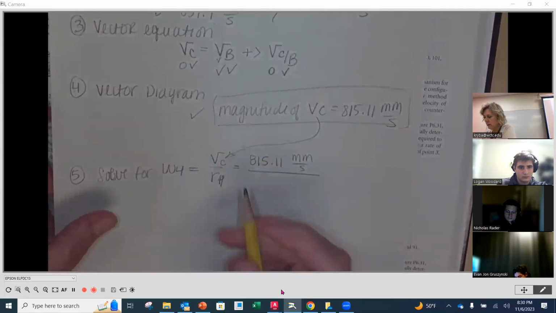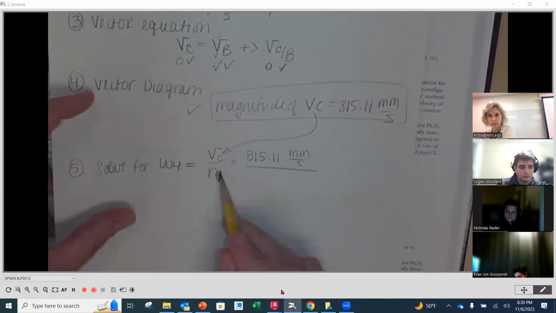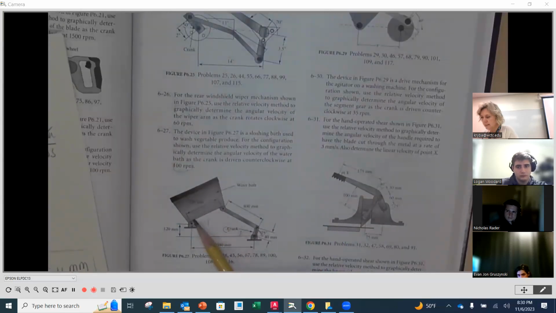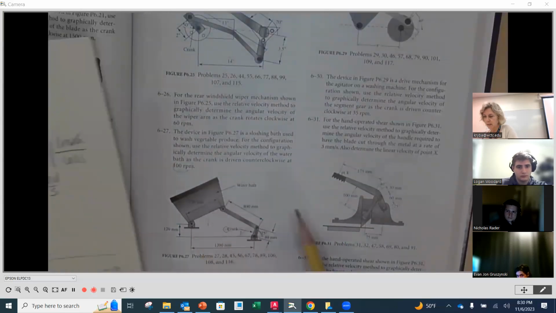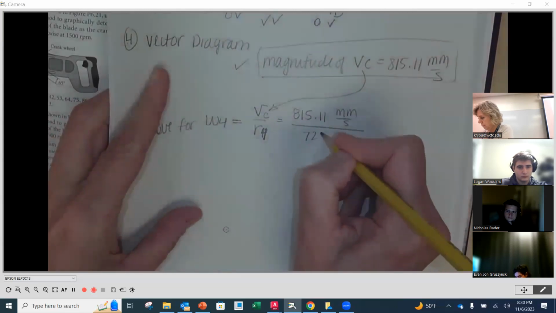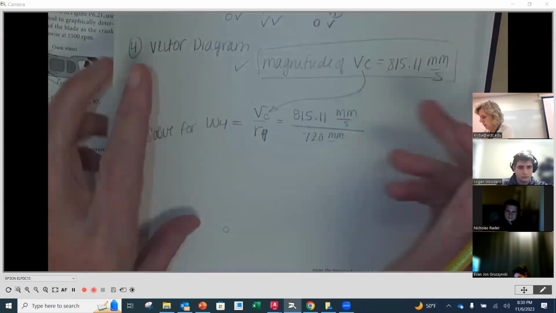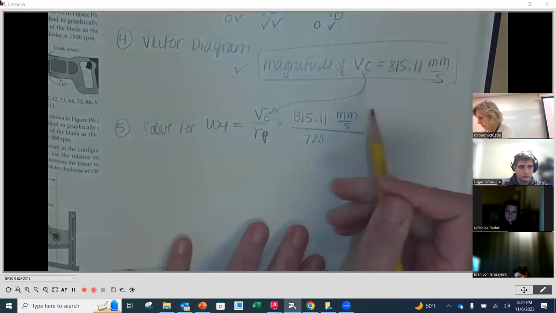And then we've got to look, what is the radius of link number 4? That is 720 along here. And that's just millimeters.